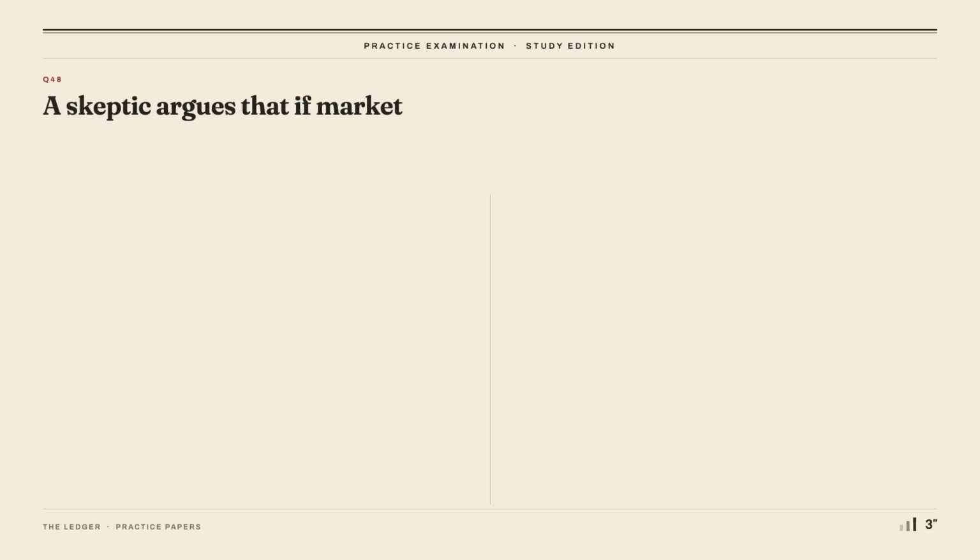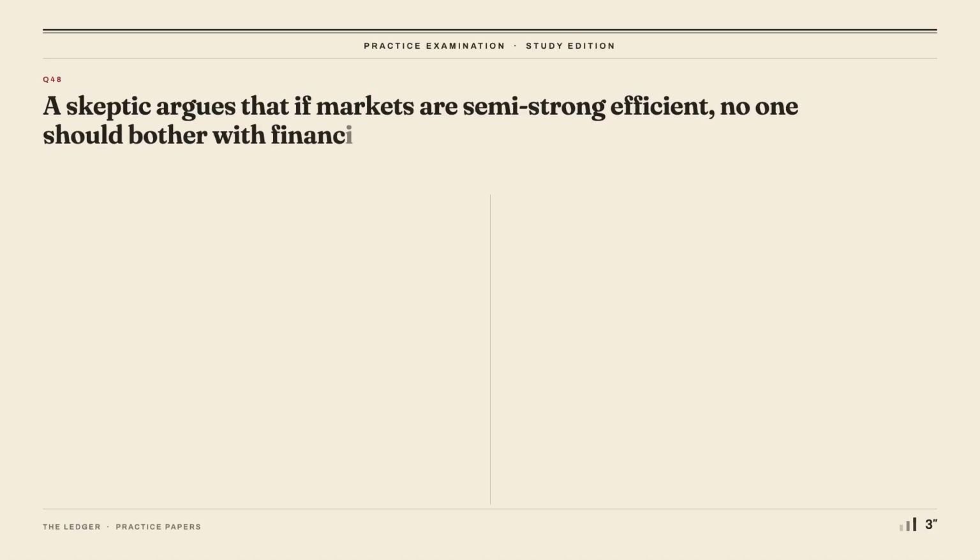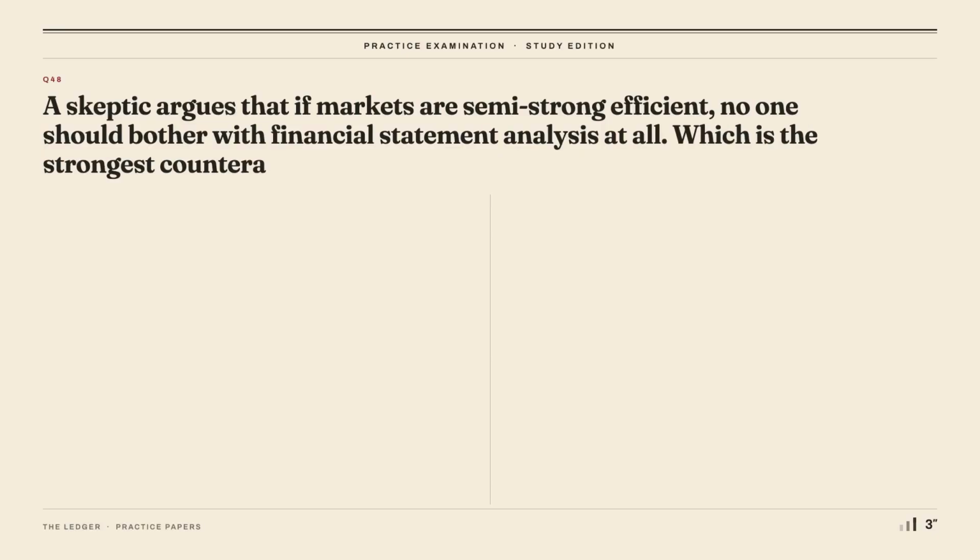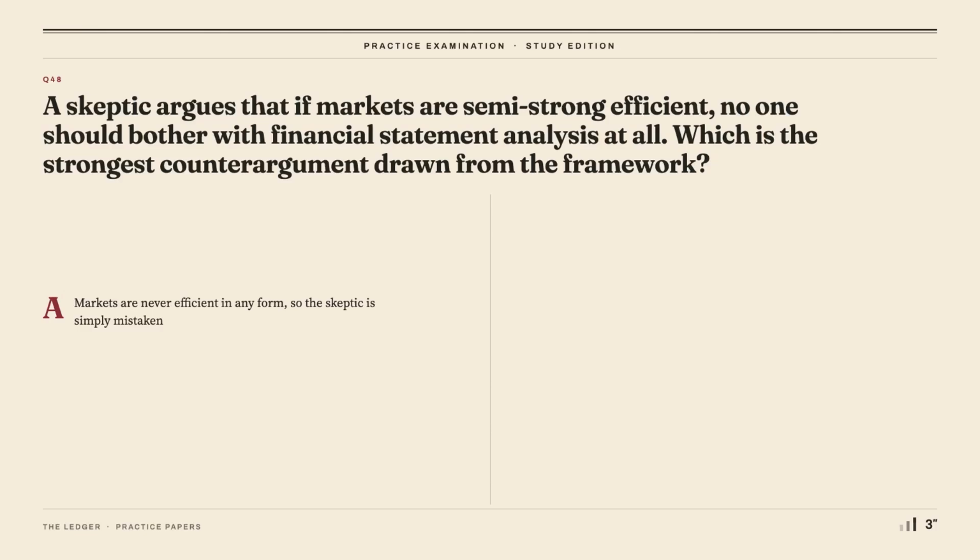Question 48. A skeptic argues that if markets are semi-strong efficient, no one should bother with financial statement analysis at all. Which is the strongest counter-argument drawn from the framework? Your options are: A. Markets are never efficient in any form, so the skeptic is simply mistaken.